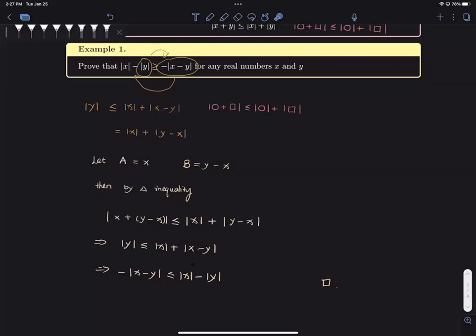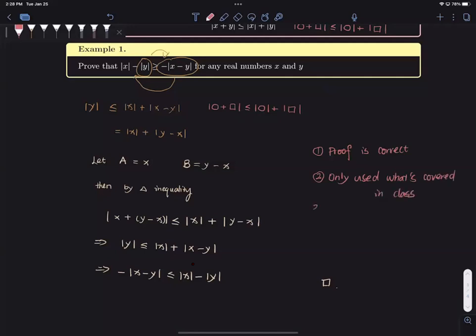So as long as your proof is correct, there are 3 things you need to do. One, your proof is correct. Second, you didn't use anything outside; you only used what's covered in class.